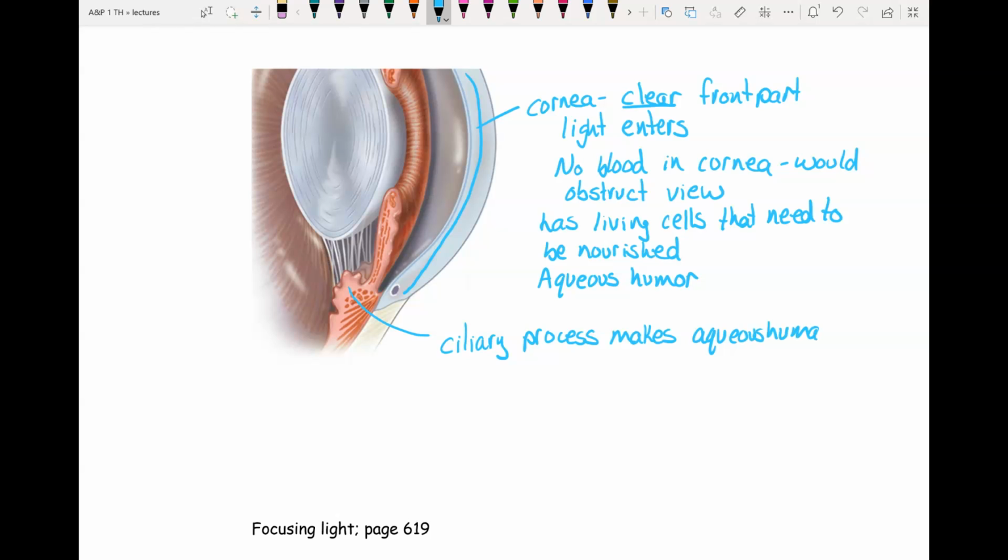And it makes it from blood. Just like how the articular capsule makes synovial fluid from blood to nourish cartilage, and how the choroid plexus makes cerebral spinal fluid from blood to nourish the brain and spine. Here, the ciliary process is going to make aqueous humor from blood to nourish the cornea.